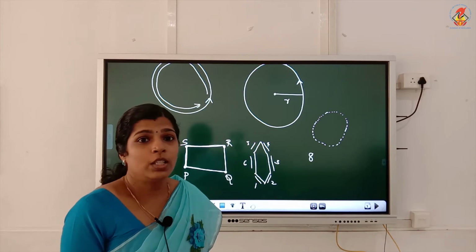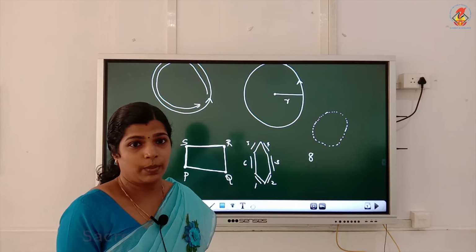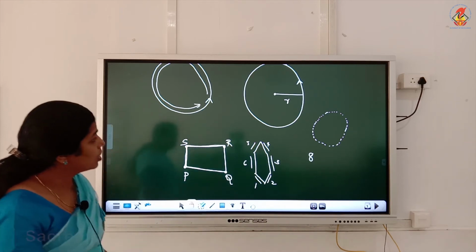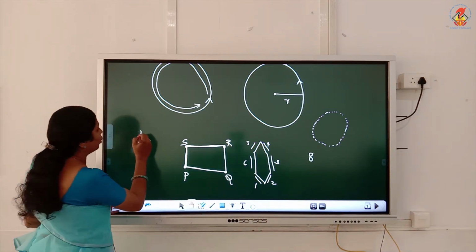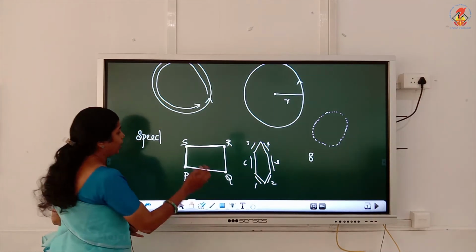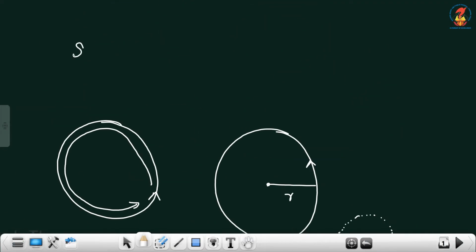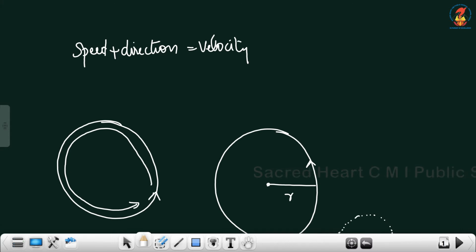Then we can change the velocity of an object in 3 ways. First, when you change the magnitude of the velocity, that is speed. Speed plus direction is known as velocity. So we can change the velocity in three methods.